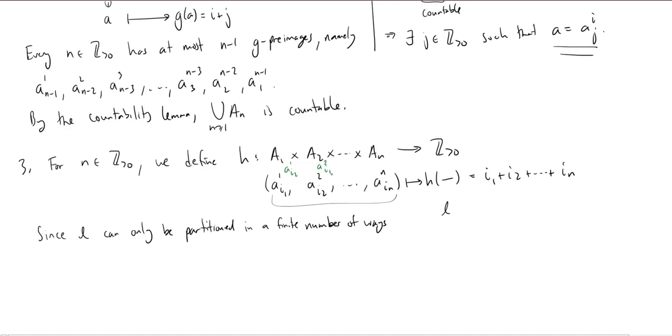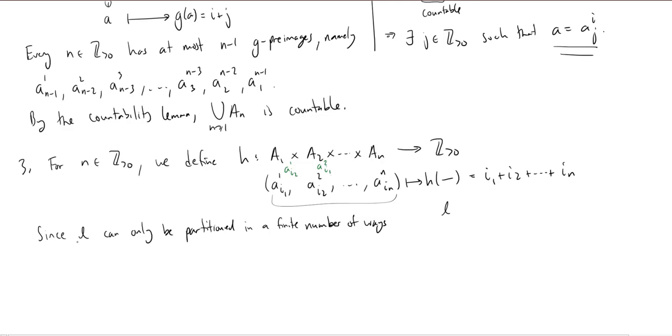I'm still adding I1 and I2 to all the rest, just in a different order, but who cares? It's addition. So I could permute these around, and it won't change where I get mapped to. That gives me more preimages, but there's still only a finite number of permutations. If I'm working in n, there are n factorial permutations.